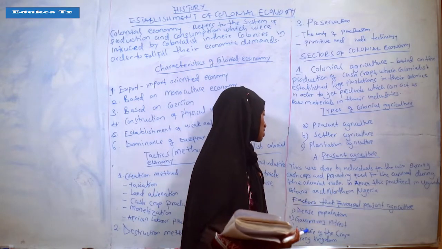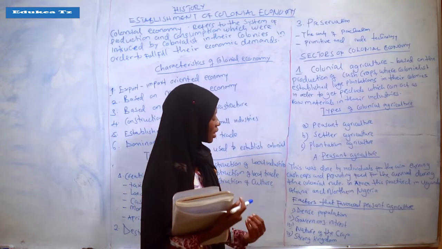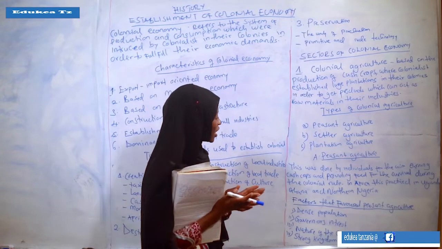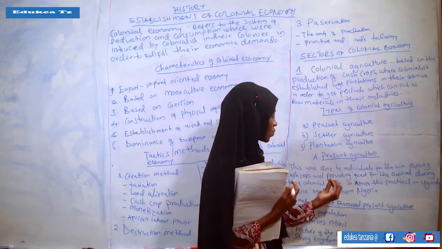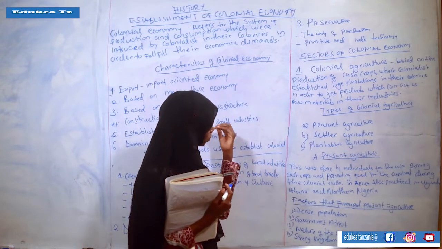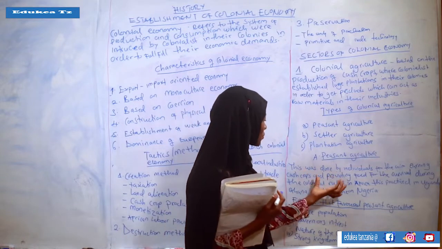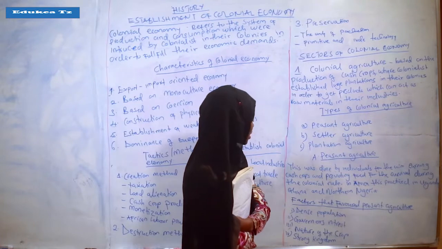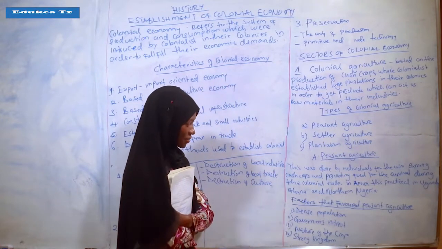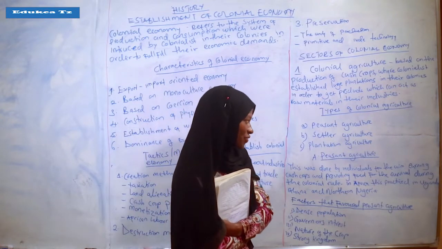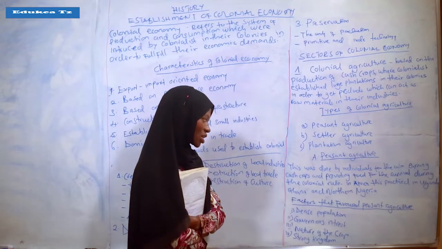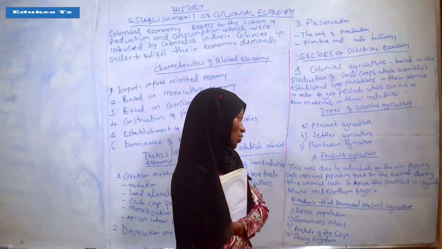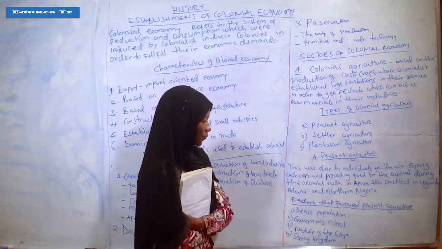So we can say that peasant agriculture was done by individuals, as family members were required to produce cash crops and provide food.